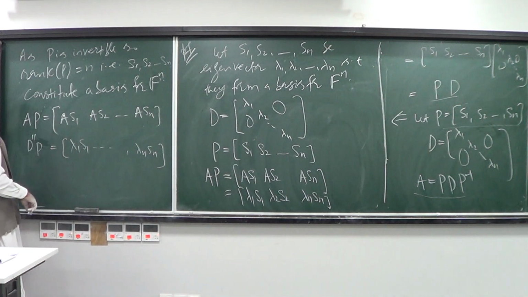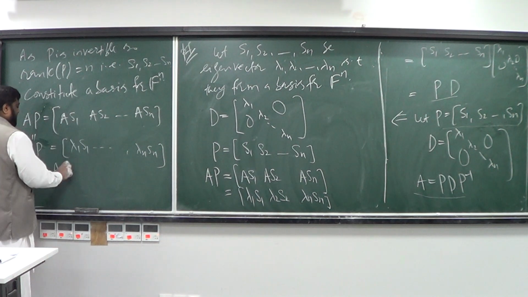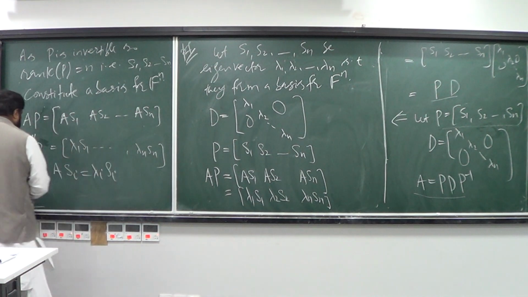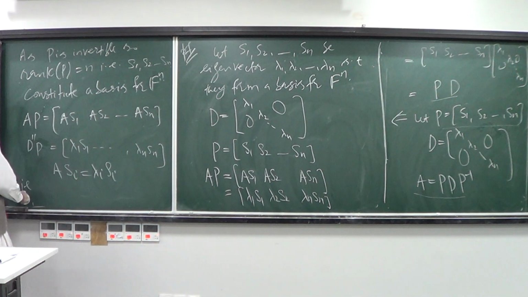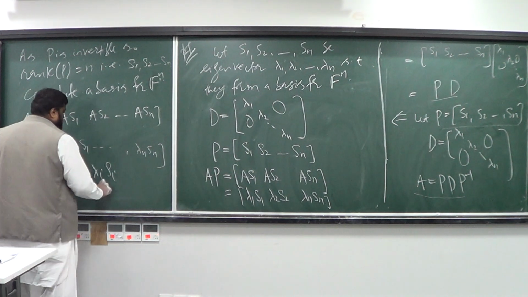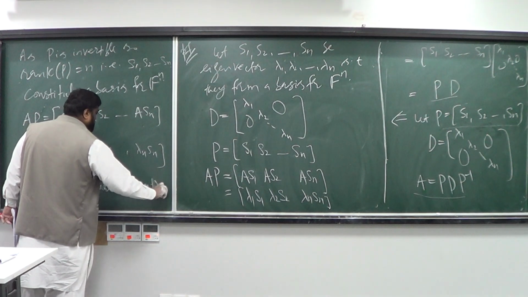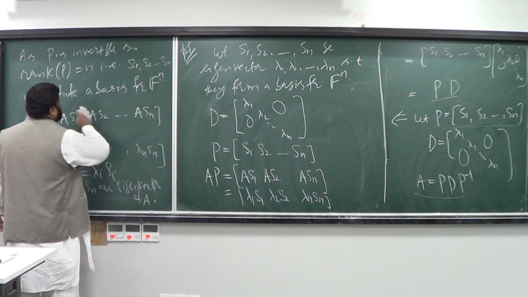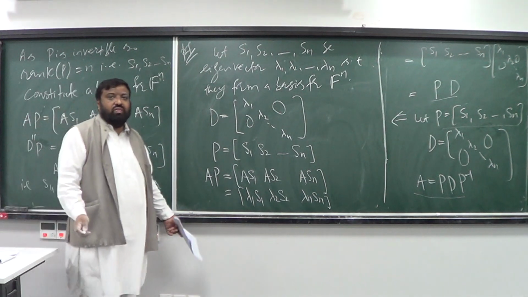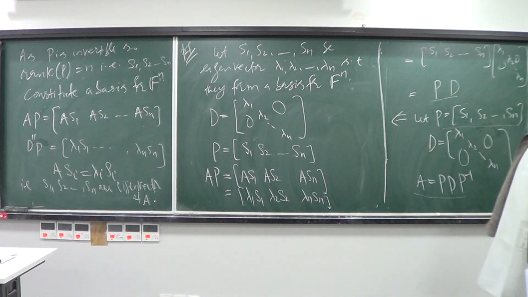Now if these two are equal, that means the corresponding entries are equal. In other words, ASi is equal to lambda i Si, so these S1, S2, Sn are eigenvectors of A, and we already know that they constitute a basis for Fn. This is what you needed to prove.